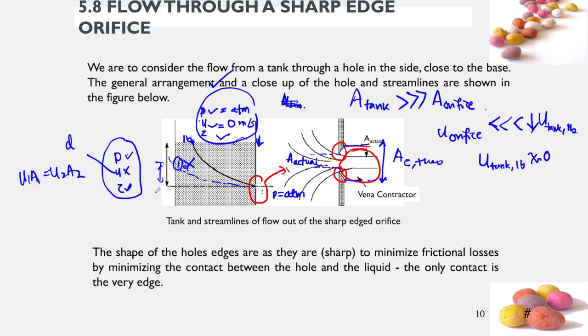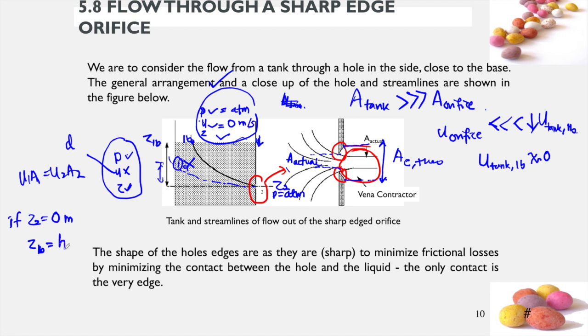Z1 is point 1B, Z1B, and we have Z2. Let's say I want Z2 as my datum. If Z2 is my datum, therefore I will zero the point 2. And point 1, Z1B, is equivalent to h.